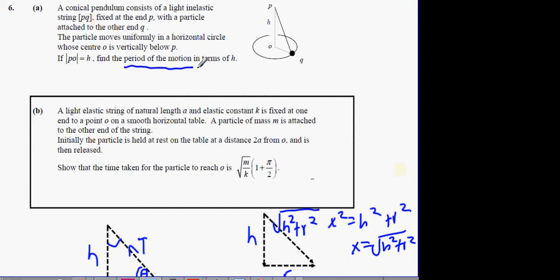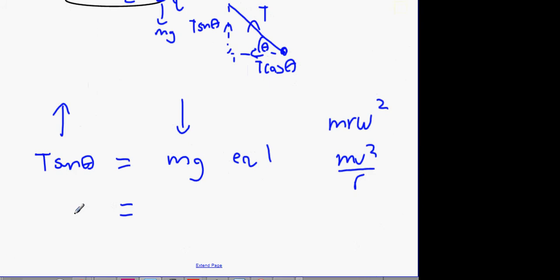The period is 2 pi over omega, which means we're definitely going to use the angular velocity. So we have T cos theta, going directly to the left as seen here, equals m r omega squared, which is also going to the left because that's the sum of all the force going into the center. Now we have our two equations.